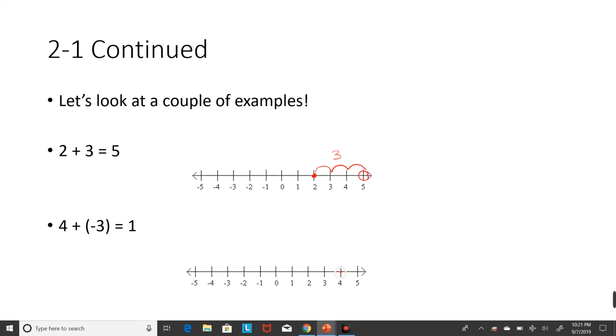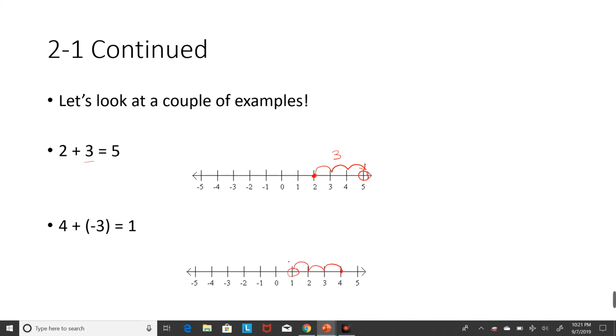So if we start on 4 and we have to add negative 3, then we're going to go 3 spaces to the left. So when we added positive 3, we went 3 spaces to the right. And when we add negative 3, we're going to go 3 spaces to the left. 1, 2, 3.